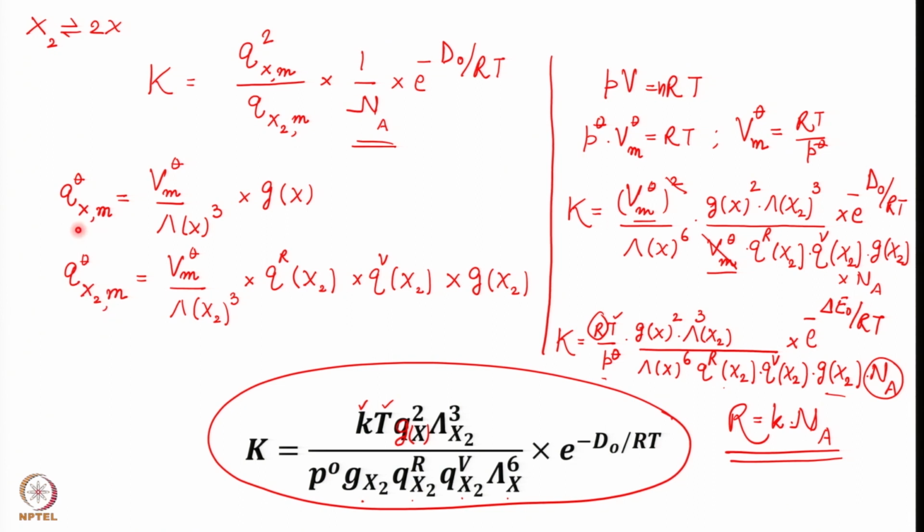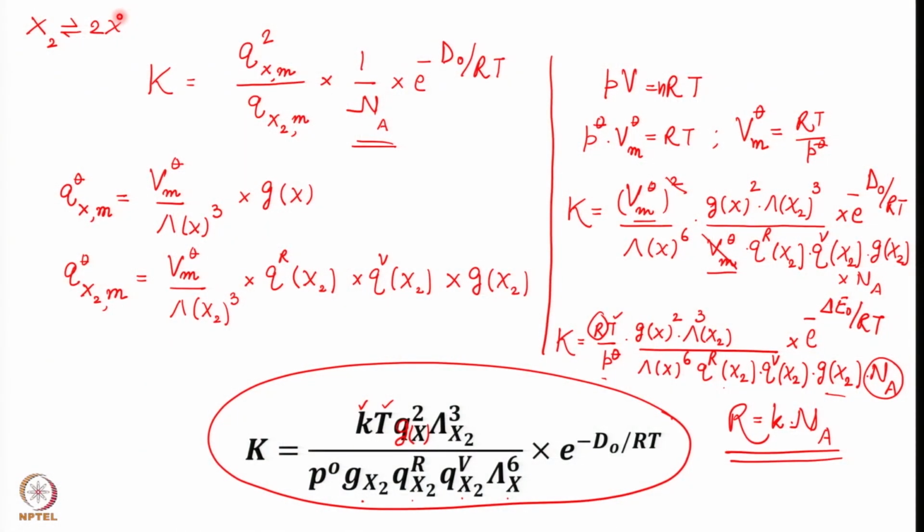Now after that you have to decide, for a given species, what type of contributions can enter in. If you are dealing with only atoms, then you will have translational degree of freedom, electronic degree of freedom. If you are dealing with molecules, since we are dealing with gases, you have translational, rotational, vibrational, and electronic degrees of freedom. And we already showed that for x2 going to 2x, delta E naught is simply the dissociation energy.